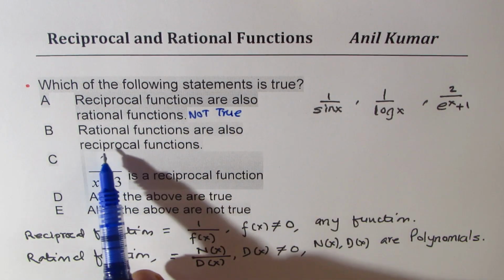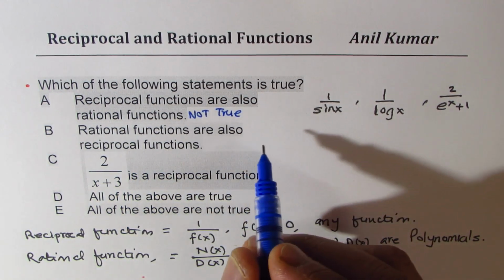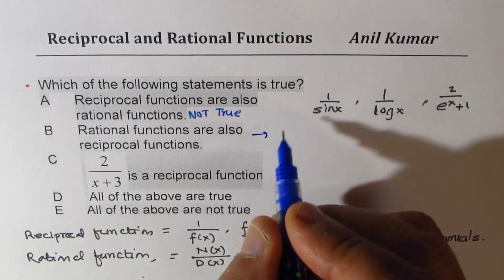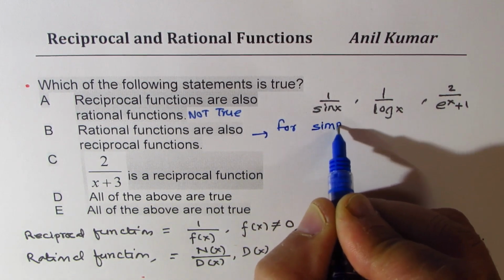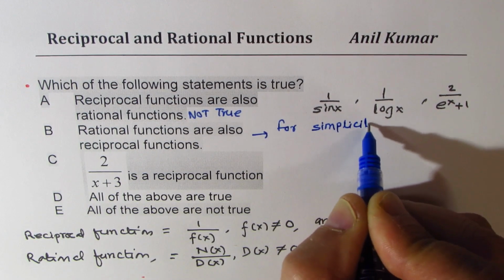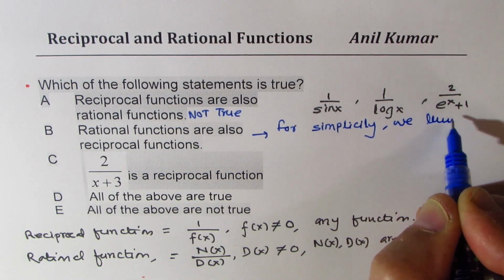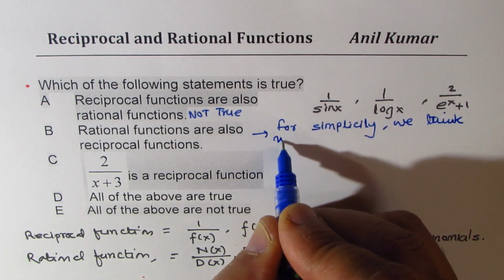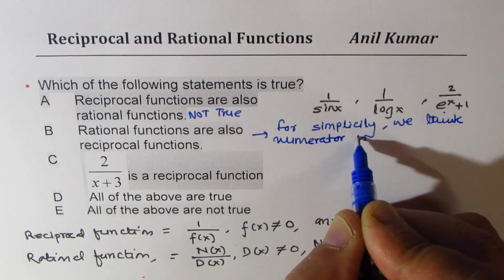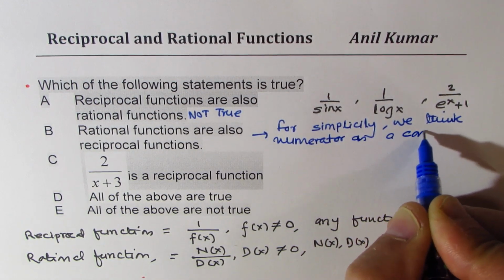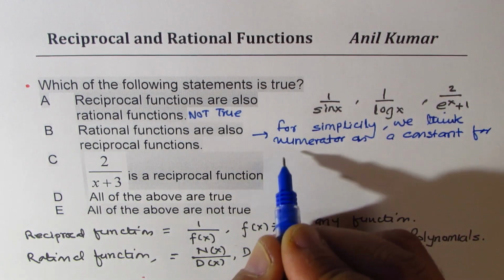Second, rational functions are also reciprocal functions. Now, here what we say is that for simplicity, we think numerator as a constant for reciprocal function.